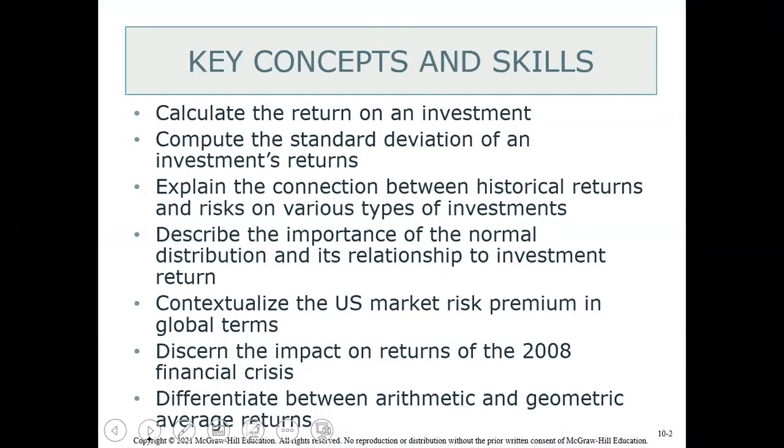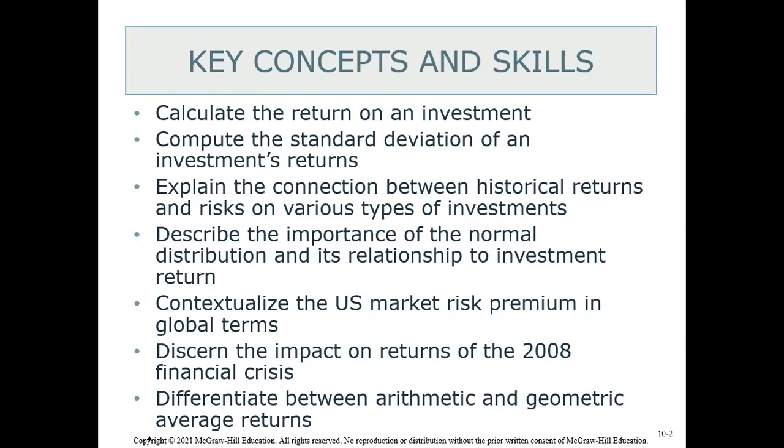So we're going to calculate the return on an investment, compute the standard deviation of an investment's returns, explain then the connection between historical returns and risks on various types of investments. We're going to describe the importance of the normal distribution and its relationship to investment return.